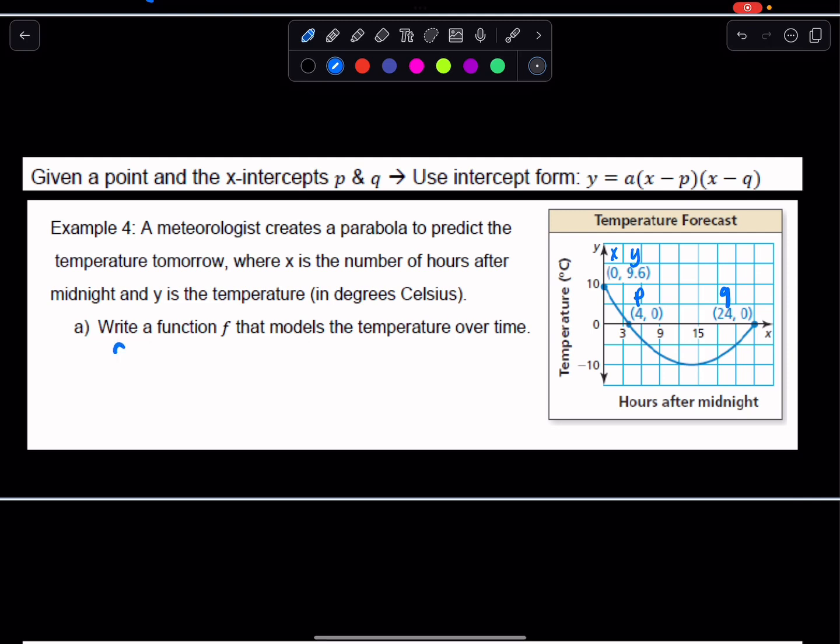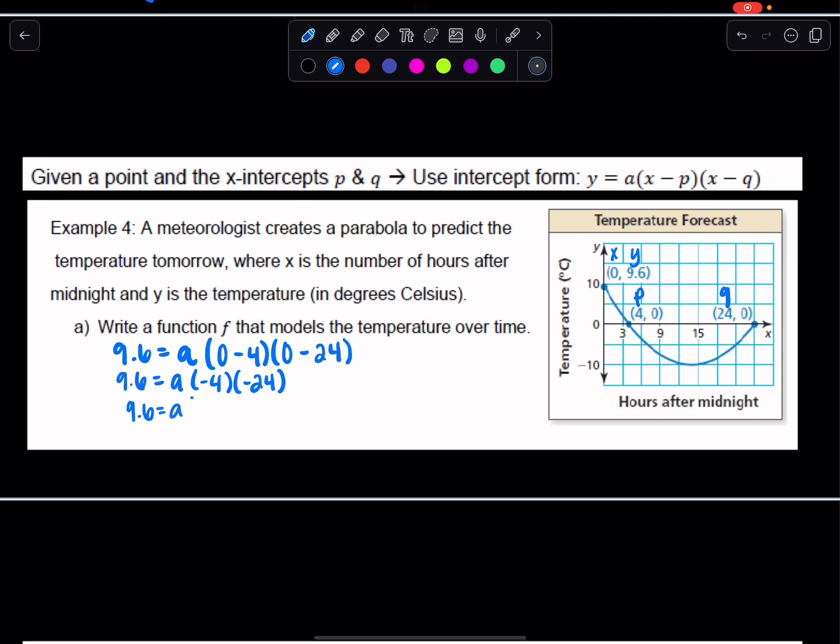So y is 9.6 equals, we don't know a. x is 0, minus p is 4. Again, x is 0, minus q is 24. So 9.6 equals a times 0 minus 4, which is negative 4, times 0 minus 24, which is negative 24.